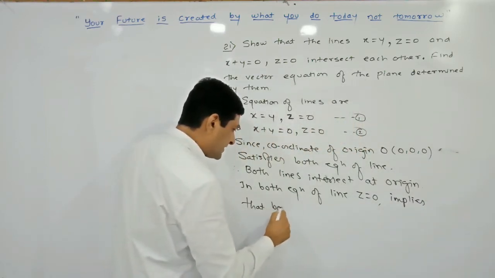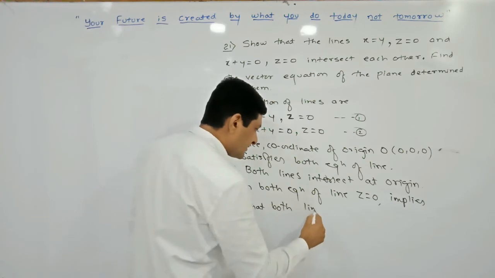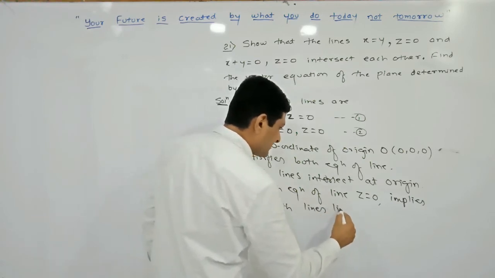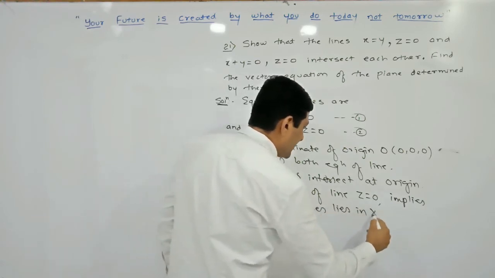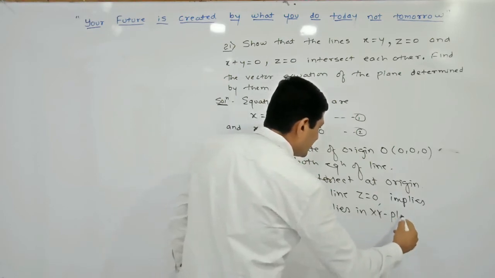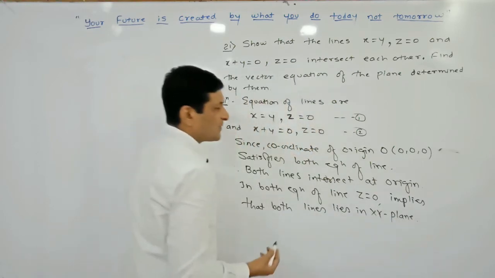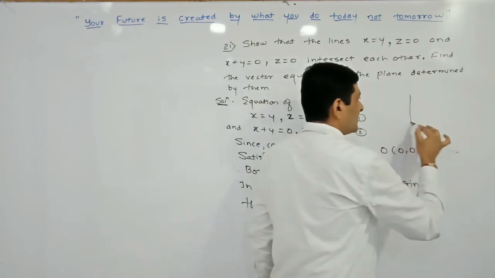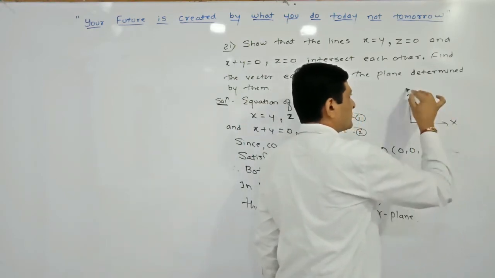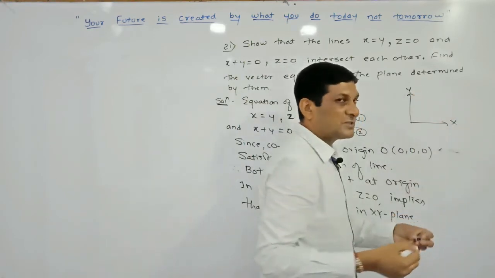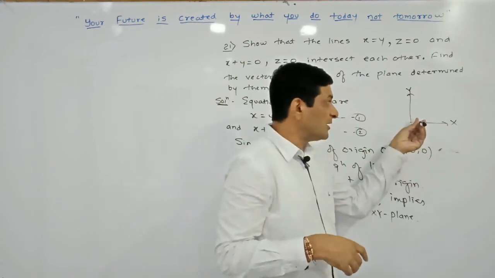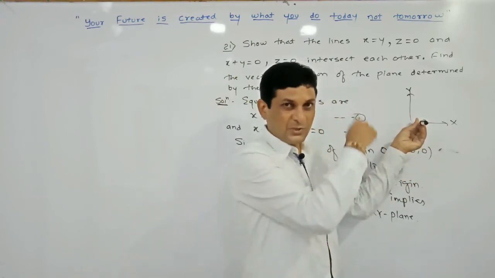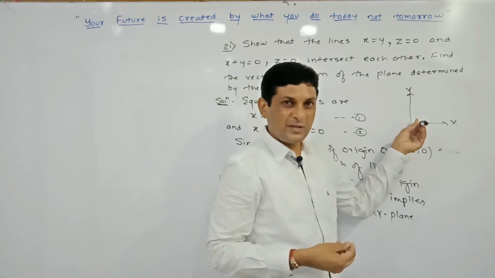So in both equations of the line, z is equal to 0 implies that both lines lie in the XY plane. Let us suppose this is the XY plane. The z-axis is perpendicular to the XY plane. We know that all the axes are mutually perpendicular.